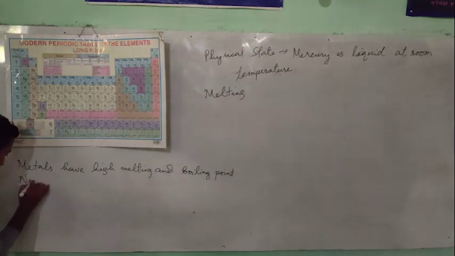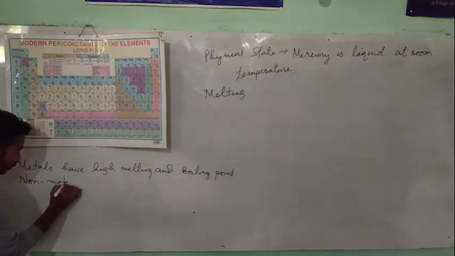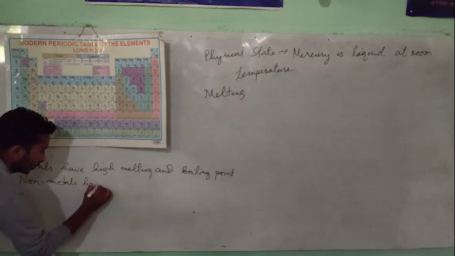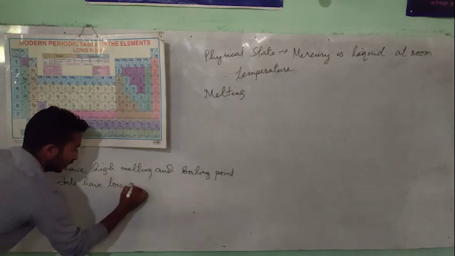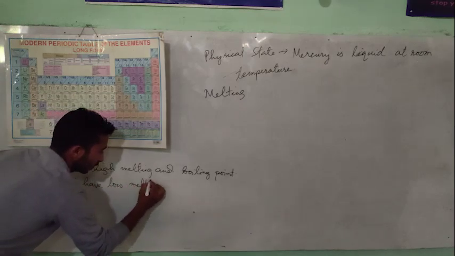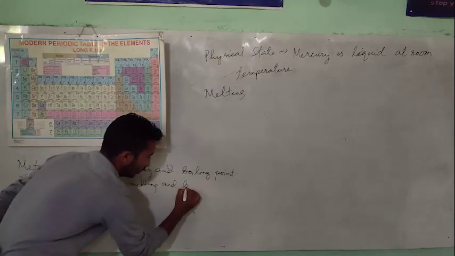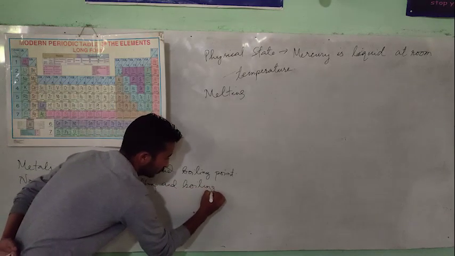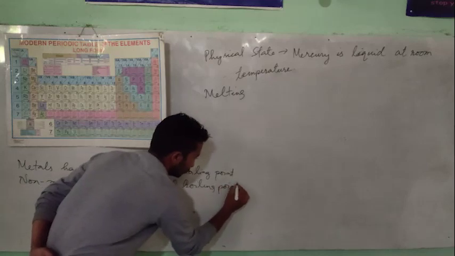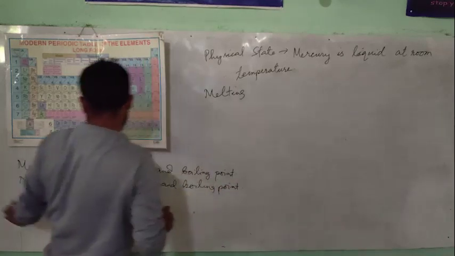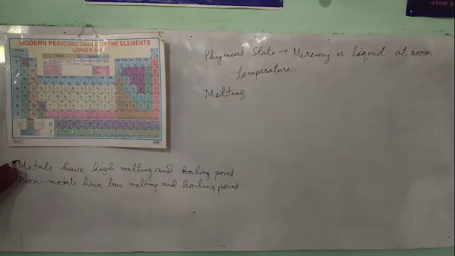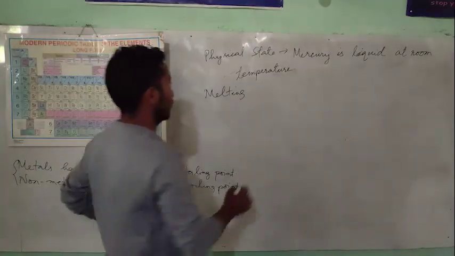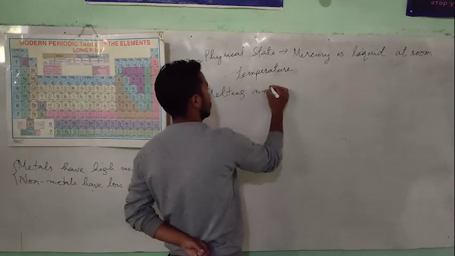And non-metals have low melting and boiling point. Please note down these 2 points in physical properties of metals and non-metals. Now next, melting and boiling point.